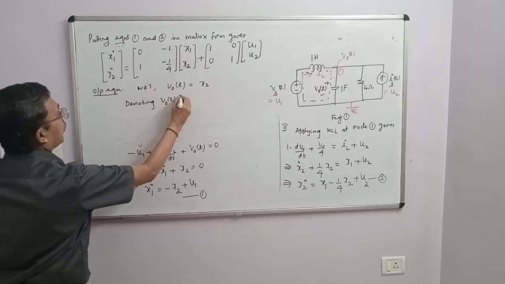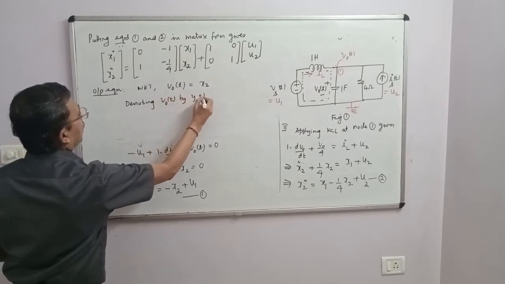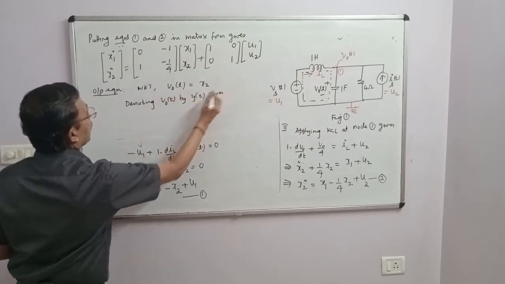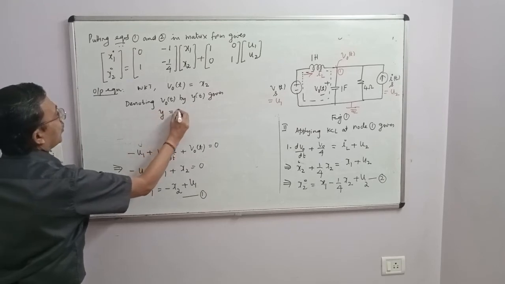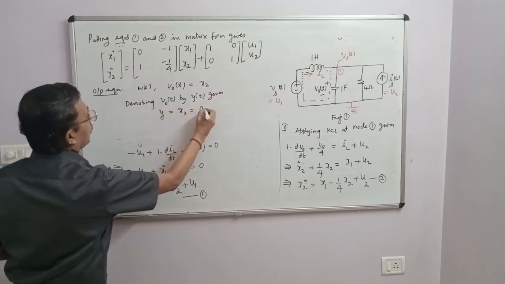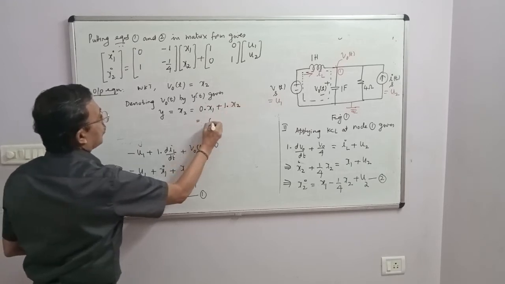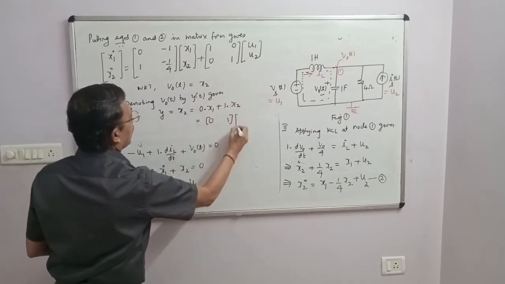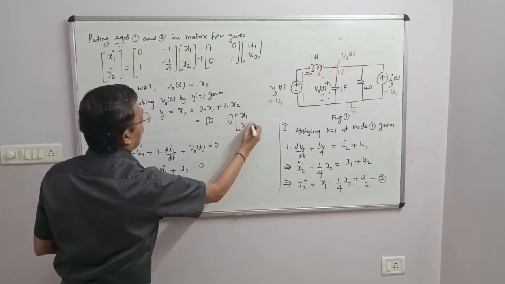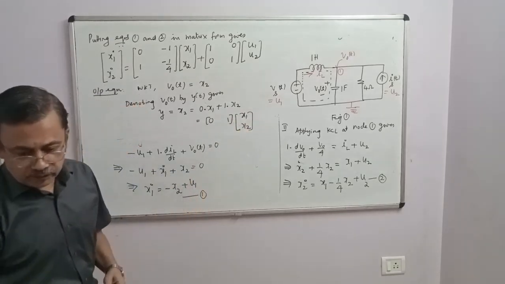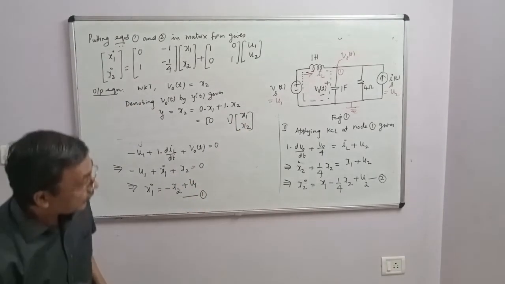Denoting V naught of t by y of t gives y is equal to x2 is equal to 0 into x1 plus 1 into x2. So 0, 1 multiplied by the column matrix x1, x2. This is the output equation.